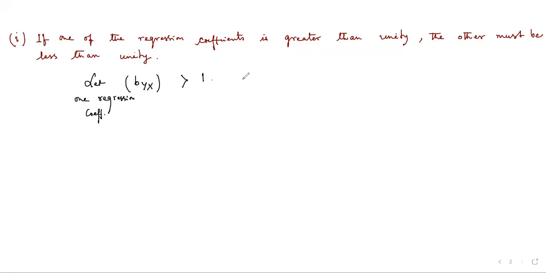Now, if byx is greater than 1, immediately we can say that its reciprocal should be less than 1. We know that the correlation coefficient rxy lies between -1 and +1. I talked about it in the last class.